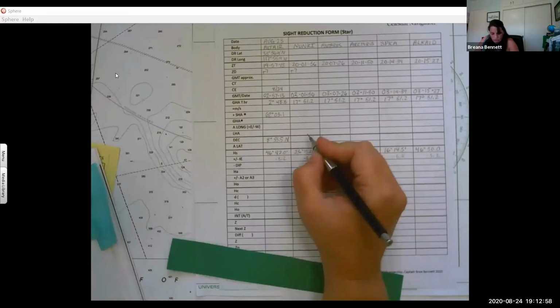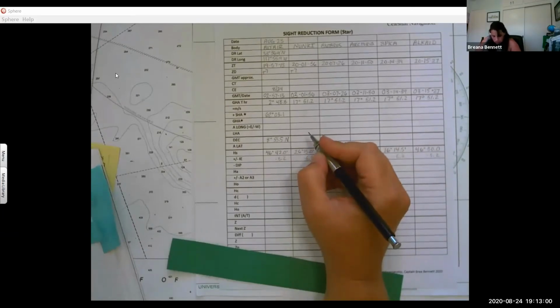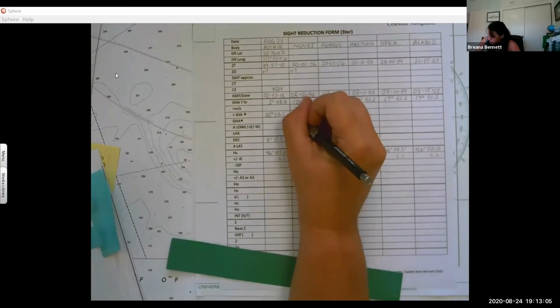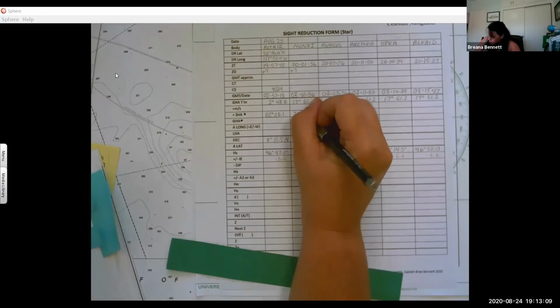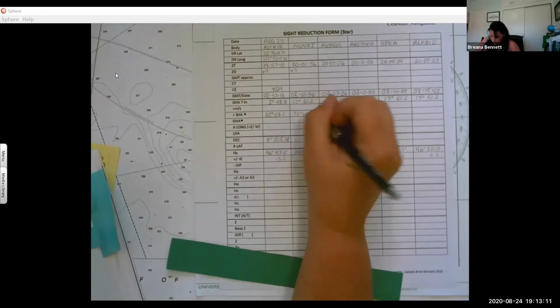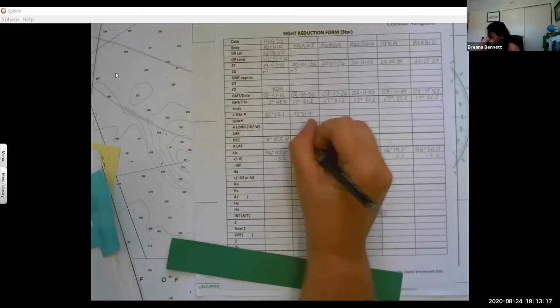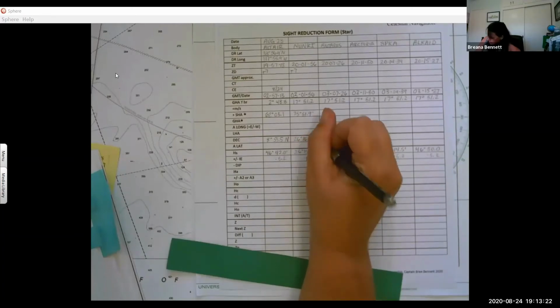And we have Nunki, 75 degrees, 51.9, and 26 degrees, 16.2 south.